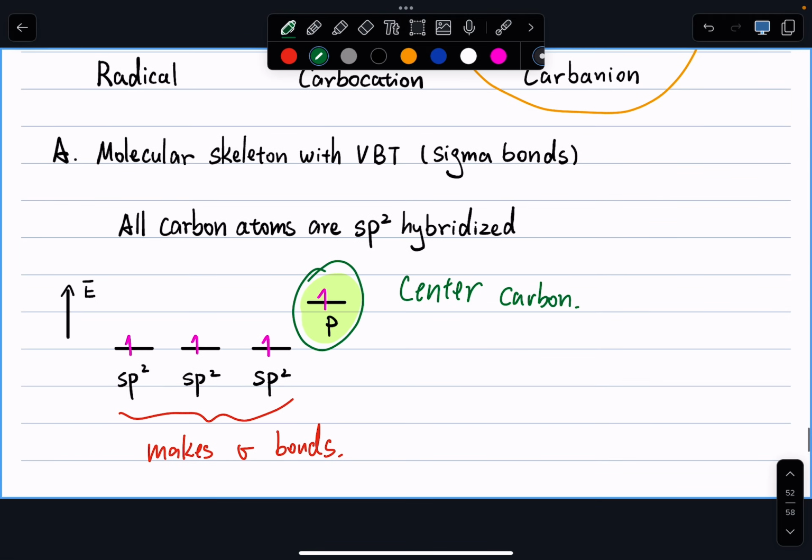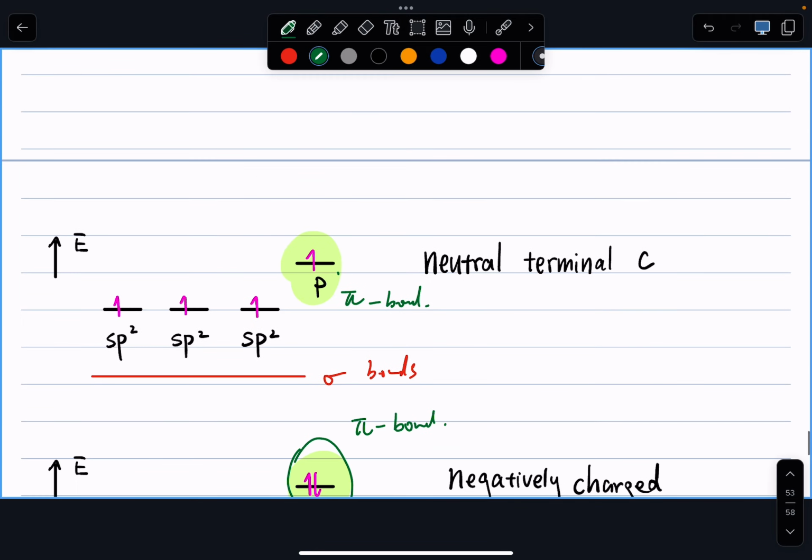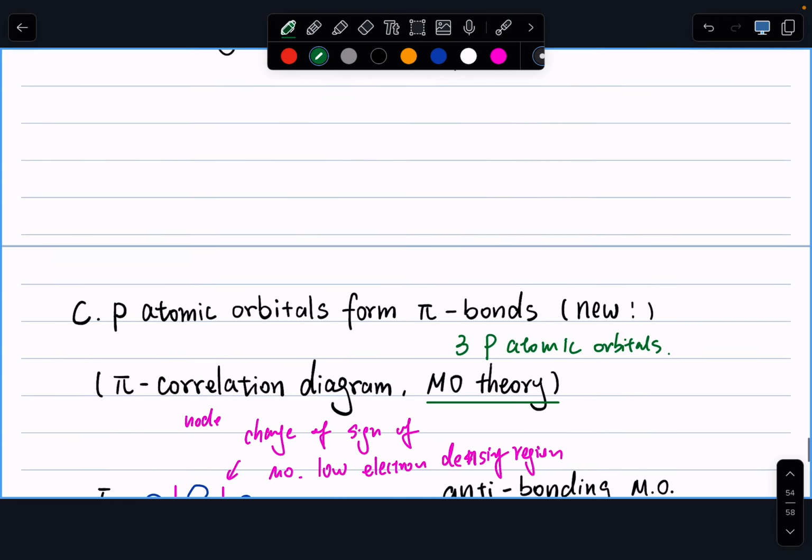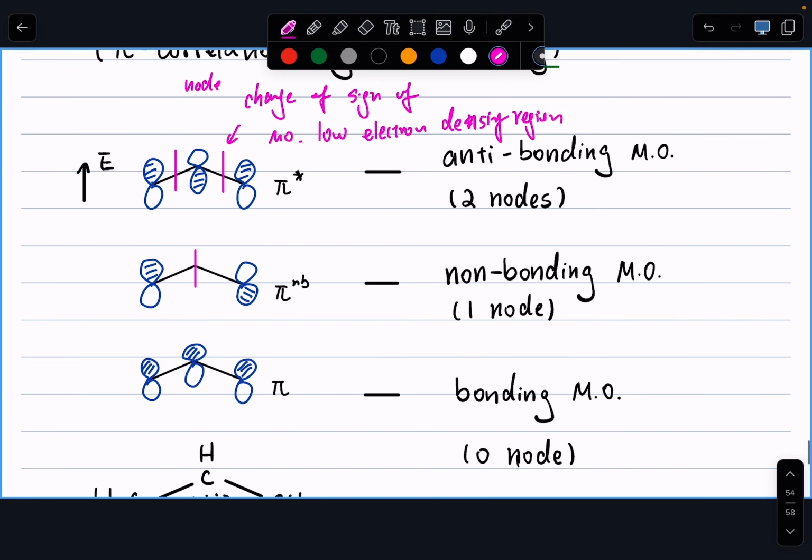We have 1 for the center carbon, 1 coming from one of the neutral terminal carbons, and 2 coming from the negatively formal-charged terminal carbon. So in total, we have 4 pi electrons to populate into our pi correlation diagram. We do it from the bottom up, and as a result we end up with 1, 2, 3, 4.